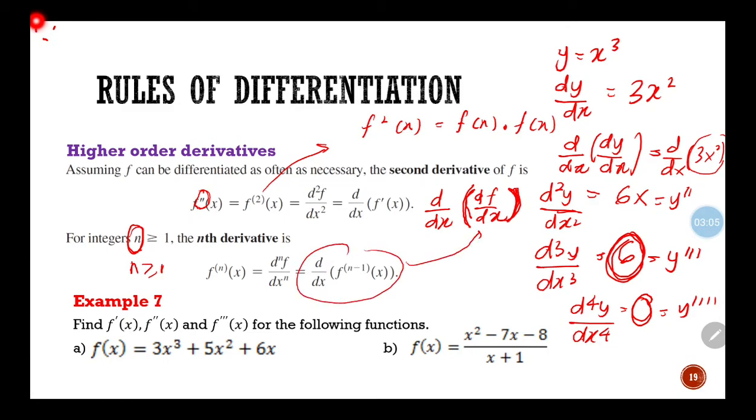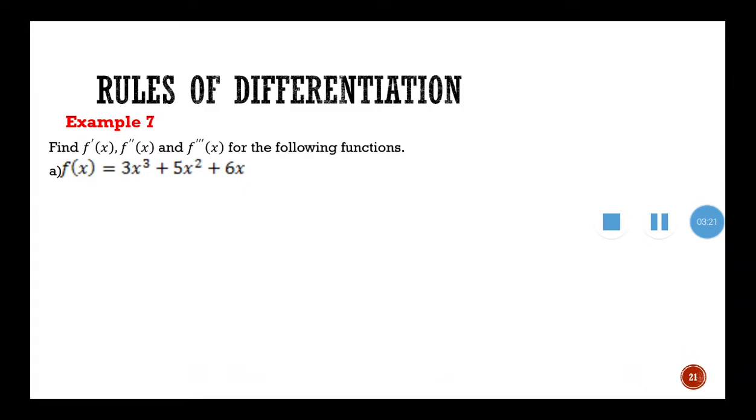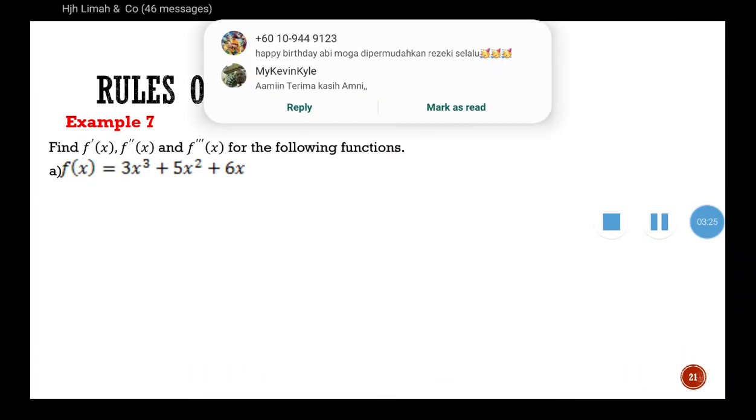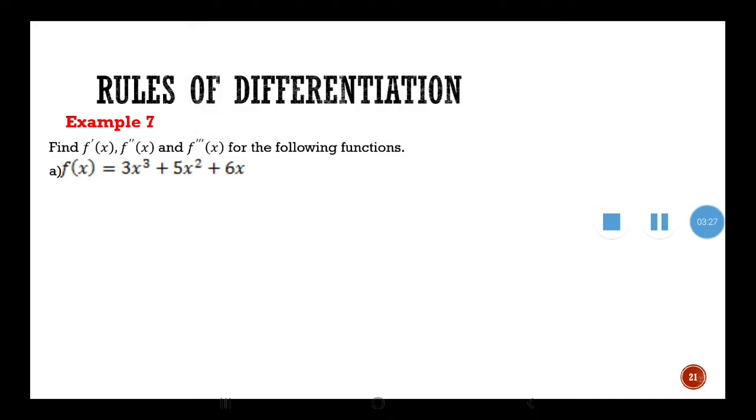Alright, so now let's quickly discuss example 7. The question asks to find f prime x, f double prime x, and f triple prime x for the following functions a and b. Okay, so I'm sure this example is very simple lah.